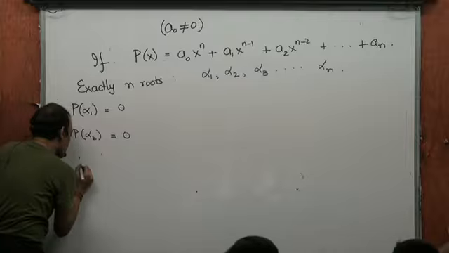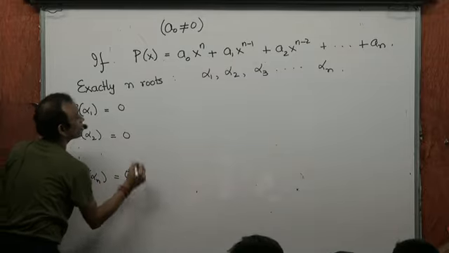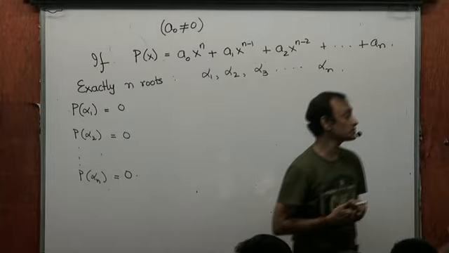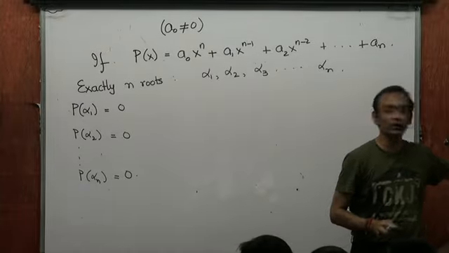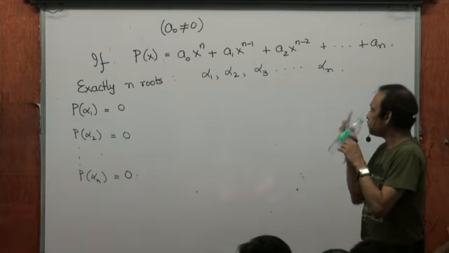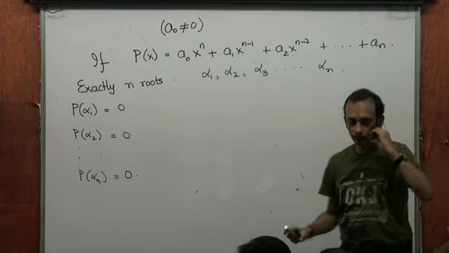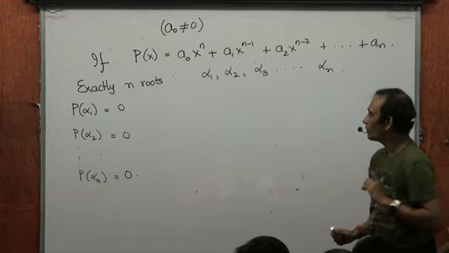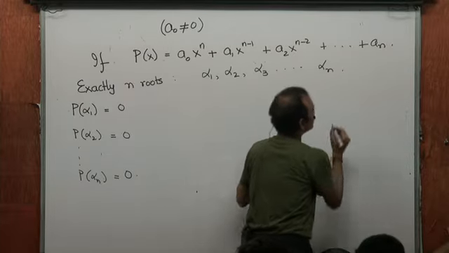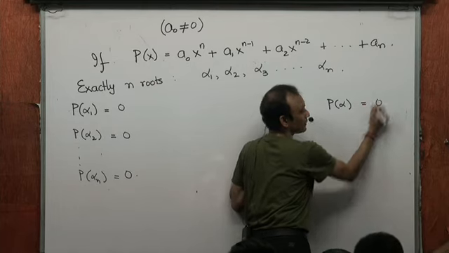The value at x equal to alpha n must be 0, because alpha 1, alpha 2, alpha n are all roots of this polynomial. Yes or no? Isn't it?